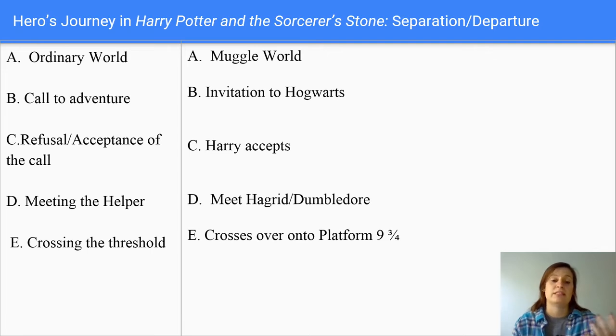In fact, I would say that meeting Hagrid and Dumbledore are both helpers in this scenario of helping Harry learn how to become a wizard. And then we have a crossing of the threshold, and this is where we switch into that magical world where the adventure is going to begin. So this is the moment where he literally crosses into platform 9 3/4 and gets on to the Hogwarts Express.